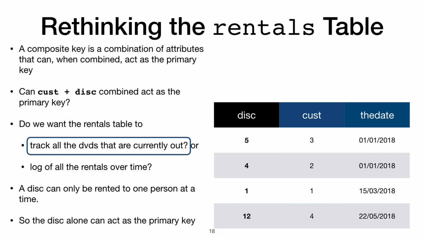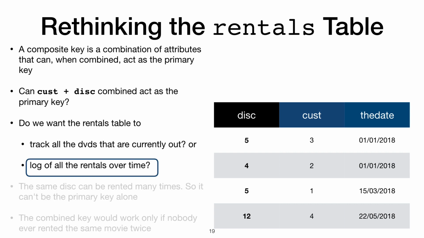So if we wanted a rentals table that was just going to tell us what's out now, this would be fine, really. The disc is all we need to know about, and which customer has it and when they took it. If it's not in this table, it's in the store. That's the idea. So that could work quite well. In that scenario, you could use the disc as the primary key.